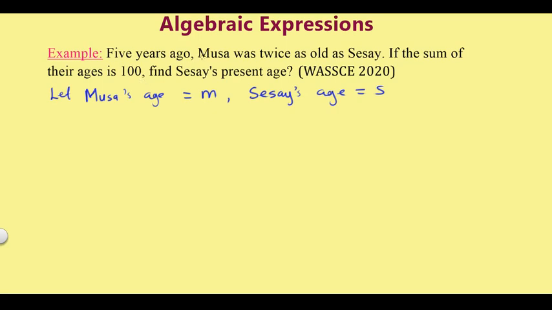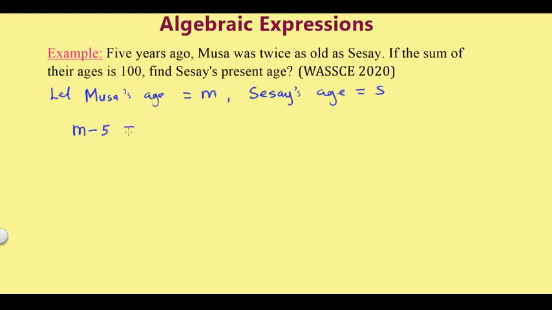5 years ago, Musa was twice as old as Sisi. If Musa's present age is M, that means 5 years ago, Musa's age will be M minus 5, right? So it was twice as old as Sisi's age.